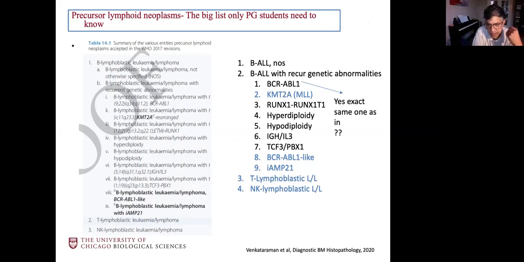One, either we call it a B-ALL NOS, not otherwise specified, and there are some B-ALL subtypes that are very recurrent and occur in certain ages. And this is the big laundry list. And three are kind of important to know, especially in the current day and age. One, the BCR-ABL one. You've heard of BCR-ABL. Do you know where else BCR-ABL will occur? Translocation? Anybody?